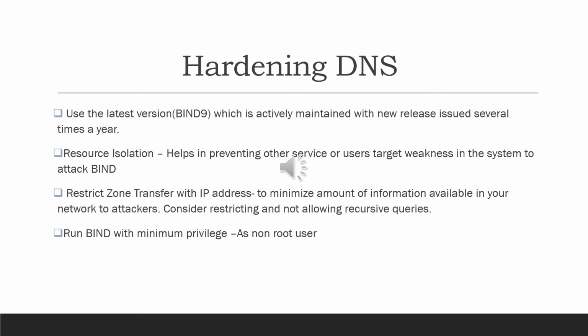We also need to restrict zone transfer with IP addresses. This will minimize the amount of information available in our network for attackers, and we will also consider restricting and not allowing recursive queries. We also need to run BIND with minimum privilege as a non-root user.